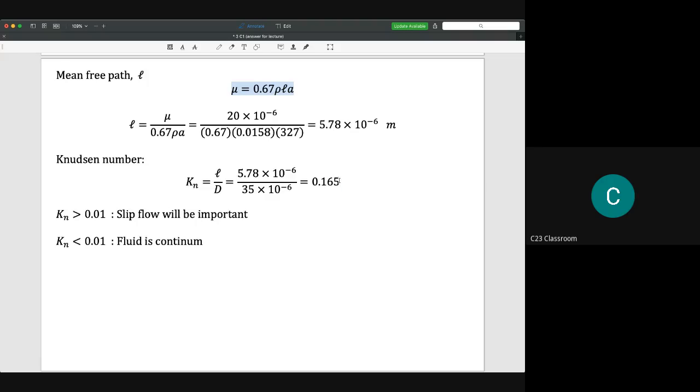And then from this one, you could see the range. If the Knudsen number is greater than 0.01, it means the slip flow will be important. But if it is less than 0.01, we find that it does not affect the flow.